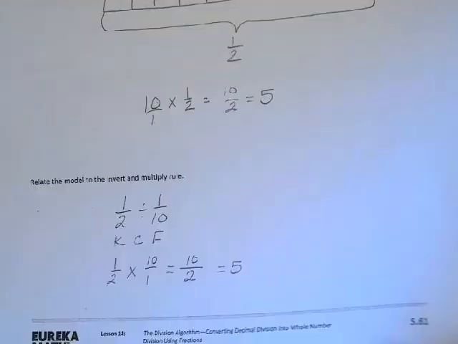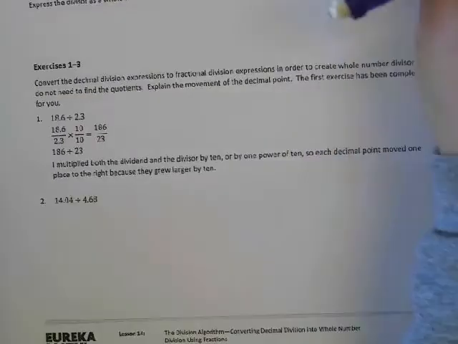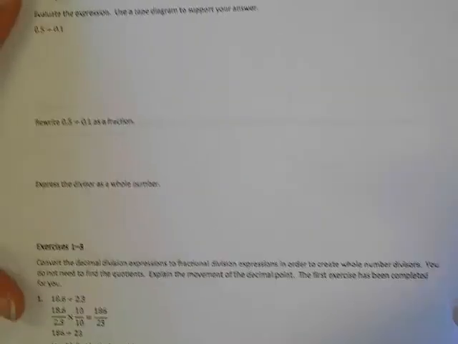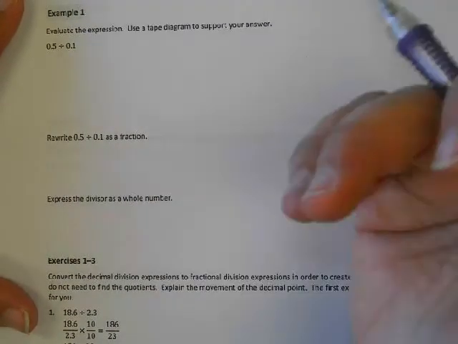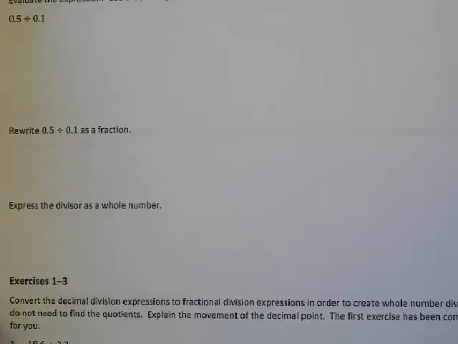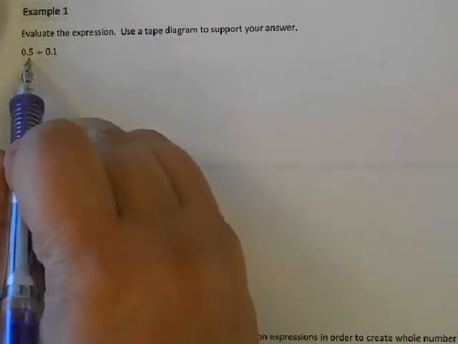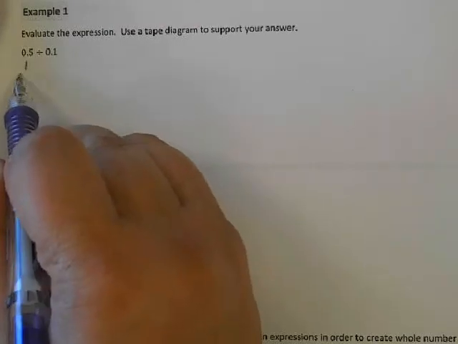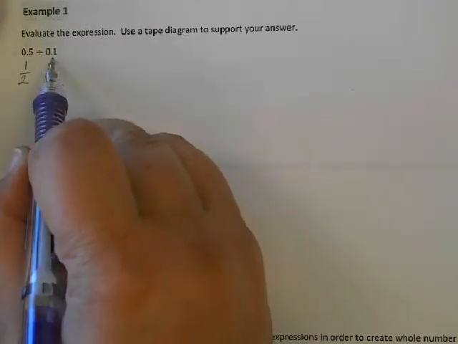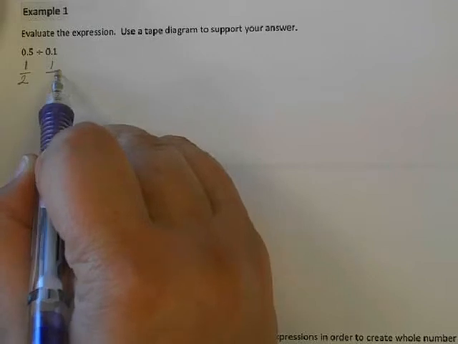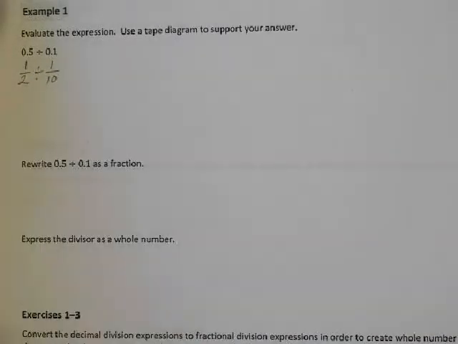Now I'm going to go on to example 1. And example 1 is now going to connect this decimal to the fraction. So if I rewrote this decimal as a fraction, 0.5 is the same as 1/2. And 1/10 is 1/10. So I'm essentially doing the same thing.